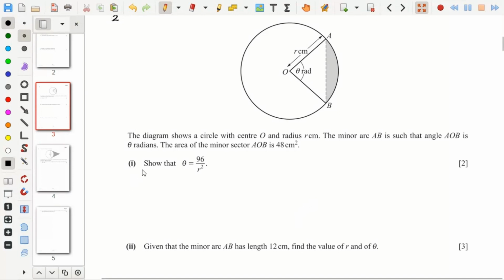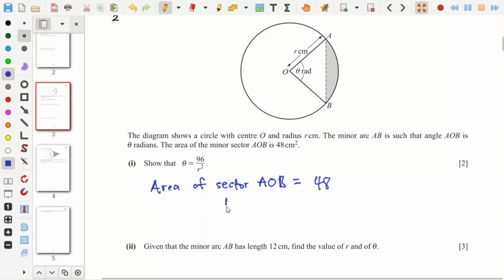All right. So to start with, we have been given the area. Let me use my normal blue pen. Area of sector AOB is given by 48.